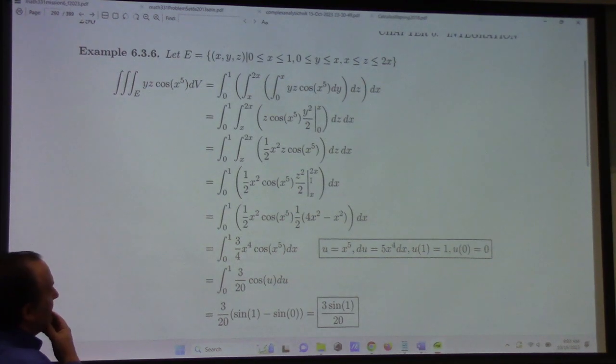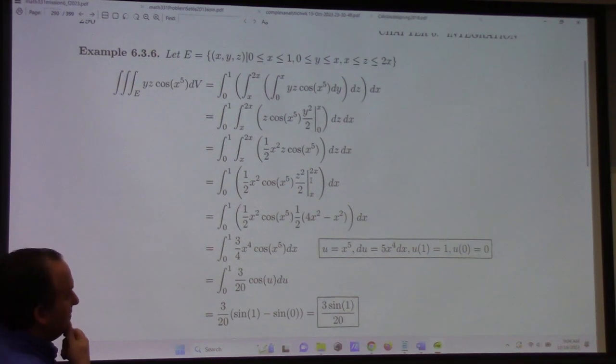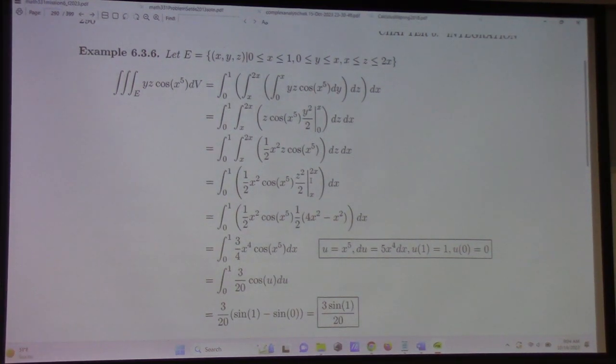And what else do we have? 0 less than y less than x. And z is between x and 2x. What's going on here? Yeah, it's like a quarter pyramid, something like that. It's got flat sides. It's bounded by planes.